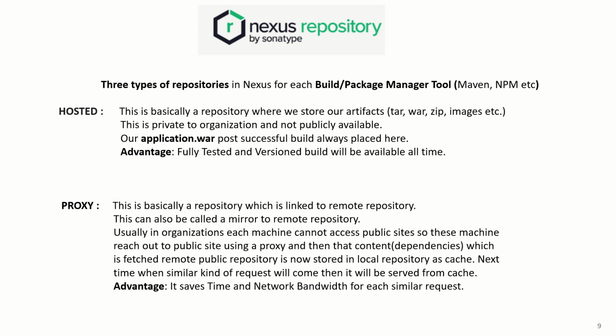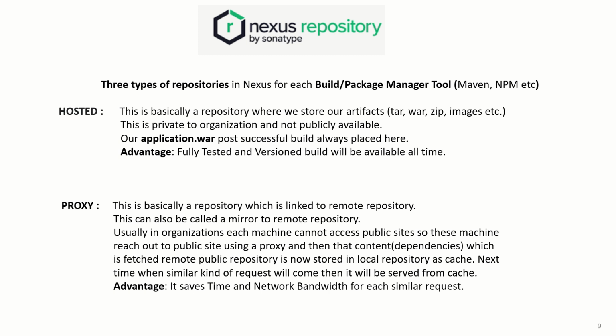So what we do is configure a proxy. That proxy will connect to the company's central server, download those dependencies and store them as a cache on the proxy server. And whenever a developer makes a connection request to this proxy server, it will be downloaded to the cache, and from the cache it will be downloaded to the developer's local machine, and then it will be served as a dependency.